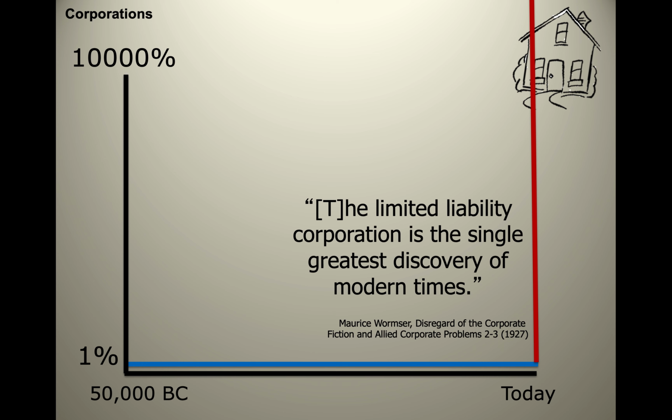But if you have limited liability, now you can invest in hundreds of businesses, each of which can have millions of shareholders, and no one needs to worry about anything more than the amount that they invest being at risk of loss. So what essentially limited liability allows is for the massive aggregation of capital.